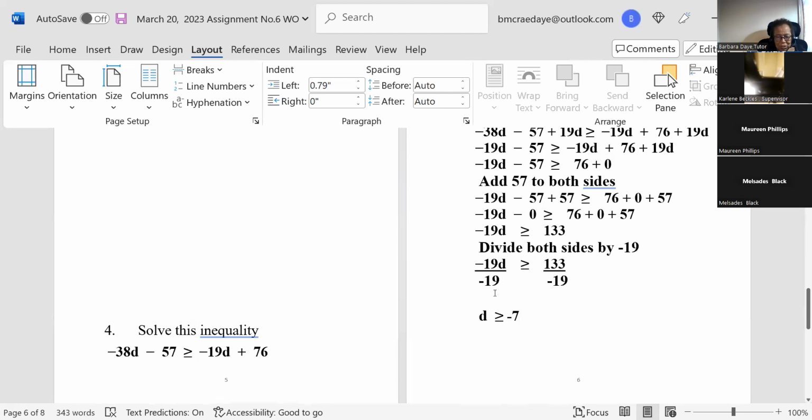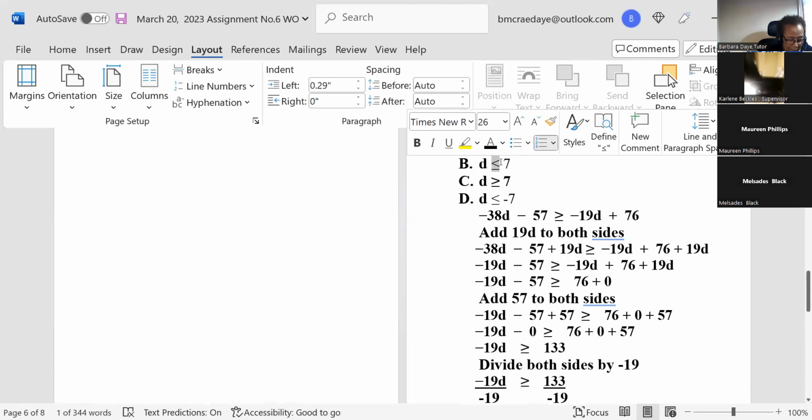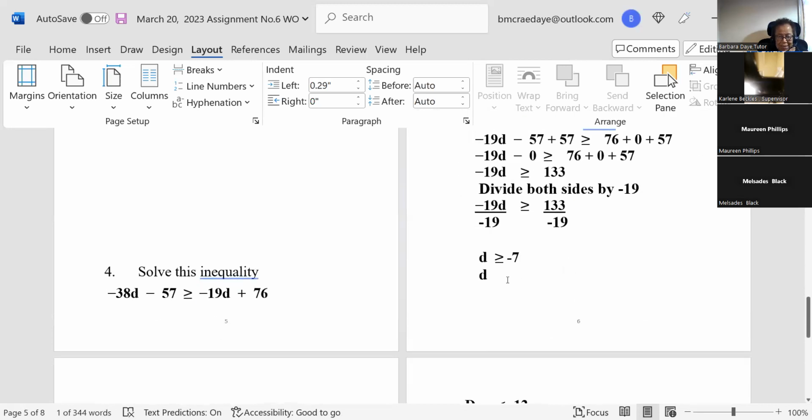That's right, reverse the sign. So this D becomes D less than or equal to minus 7, right? Let me go back up here and grab a less than. So this becomes D less than or equal to minus 7.